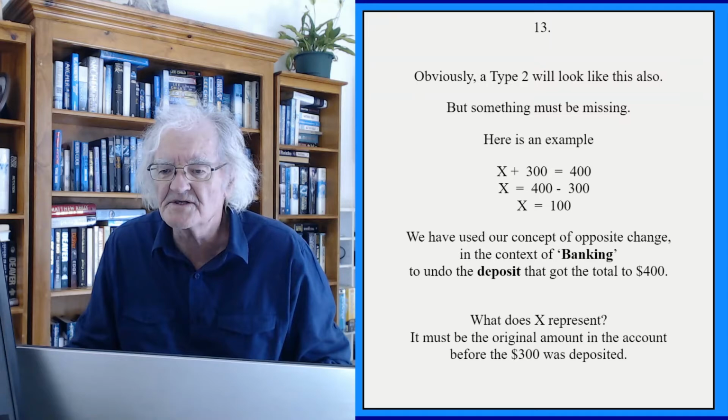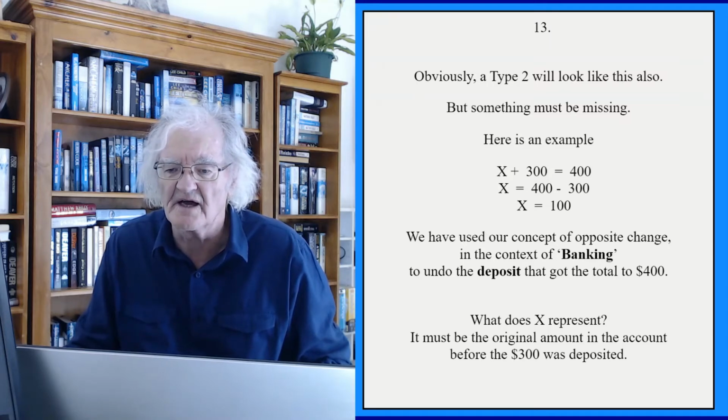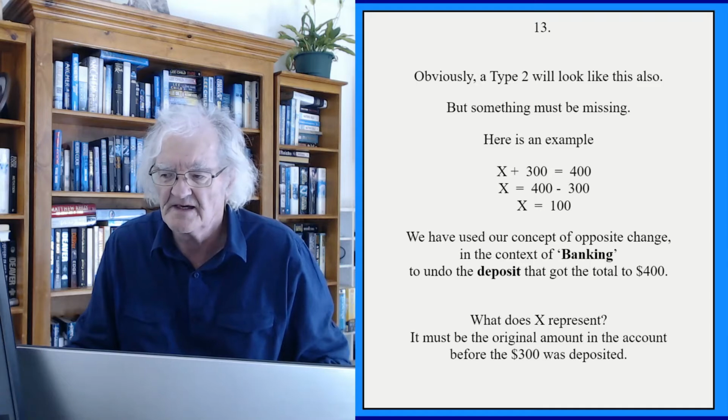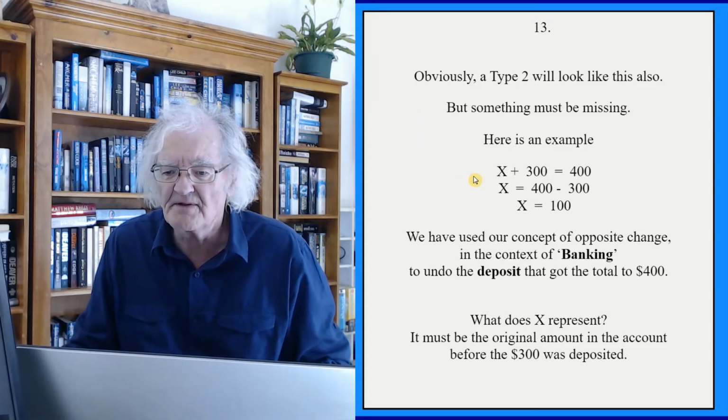Obviously, a type 2 situation will look like this also, but something must be missing. Here is an example. X plus 300 equals 400. Now, if we're using the concept of banking, these would be amounts of money.